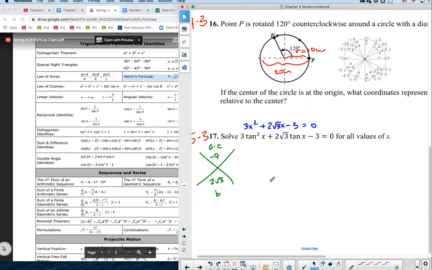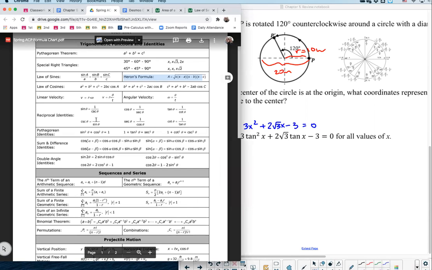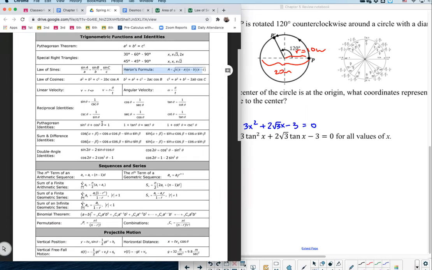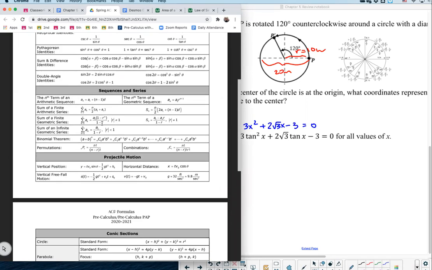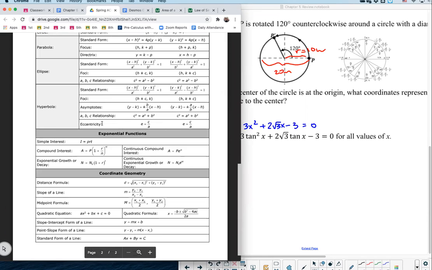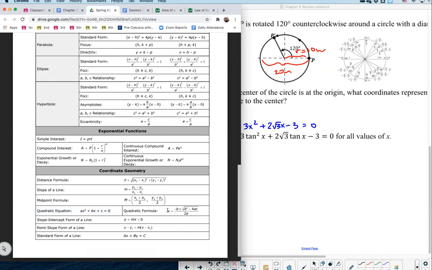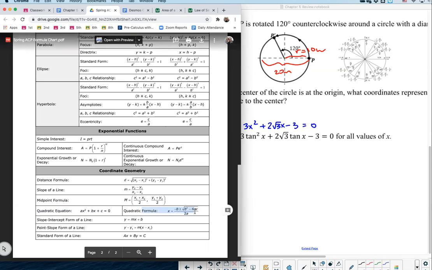So what I'm going to do is use the quadratic formula, which is on the formula chart. I'm just going to have to find it real quick. We're looking for the quadratic formula. There's the quadratic equation is what I'm working with, but I want the quadratic formula, which is there. And that's just showing you how to solve.